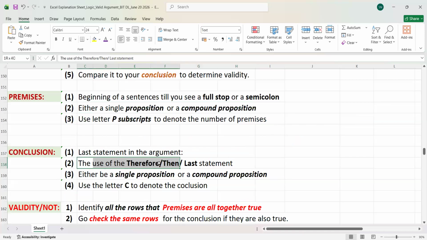But some questions don't use therefore, they will use then. Or they won't even use therefore or then, but it's simply the last statement. So the last statement will always be your conclusion. And they can also be either single propositions or they can be compound. And letter C is used to denote them.